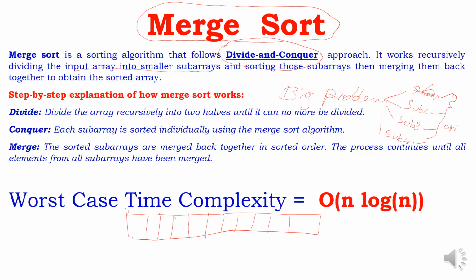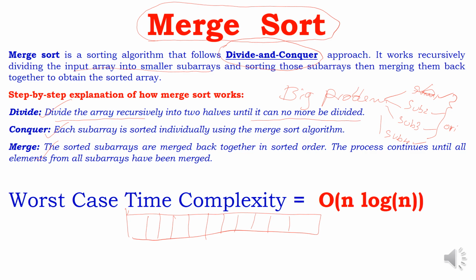Smaller arrays can be sorted easily, and after sorting the smaller arrays, they are combined together to form the original big array, which is a sorted array. See here, what are the steps? Divide, conquer, merge.